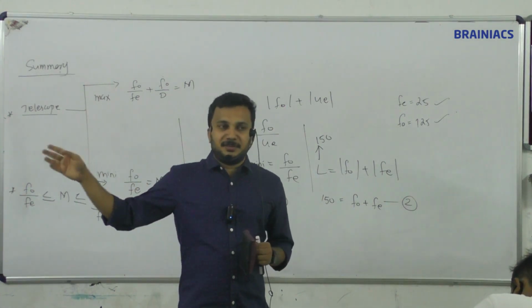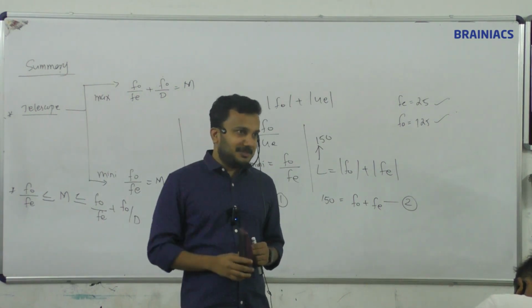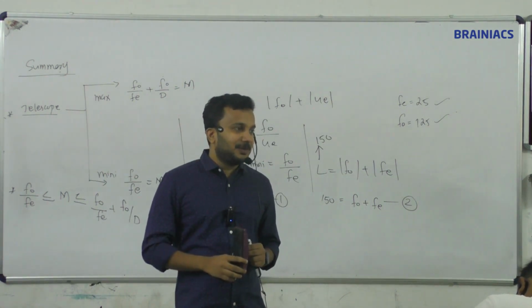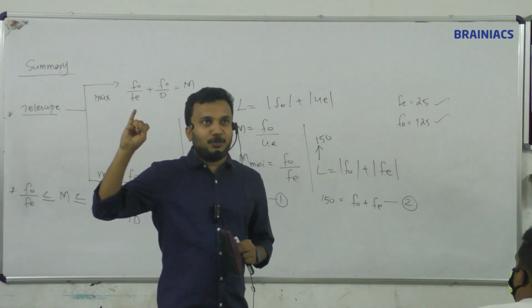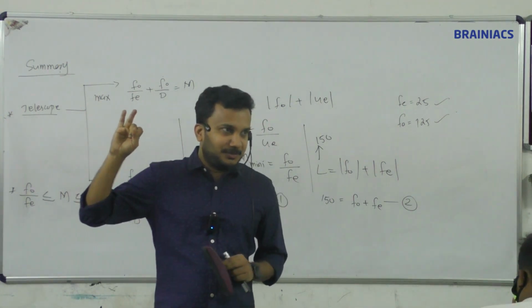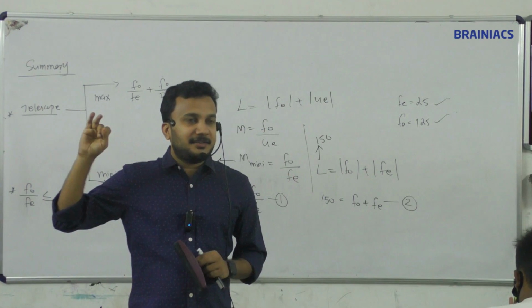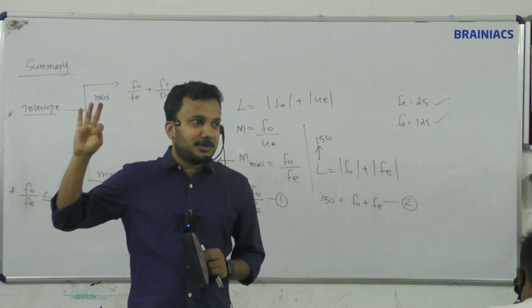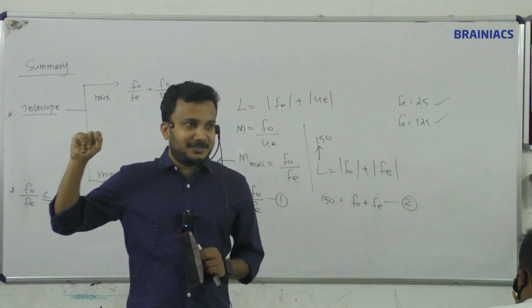Which of the following statements is true? I'll tell you four statements. Simple microscope consists of one lens: true. Focal length of the objective lens is higher than focal length of the eyepiece lens in a compound microscope: false.